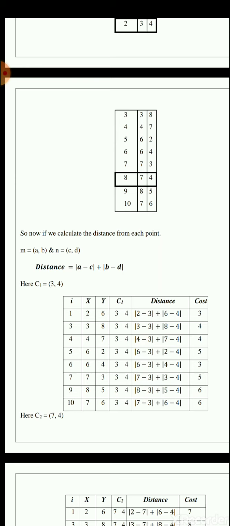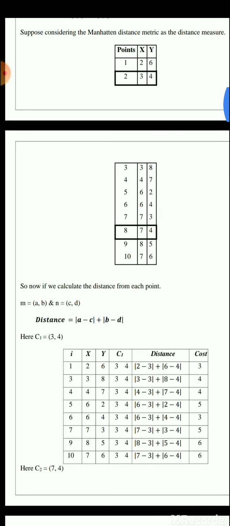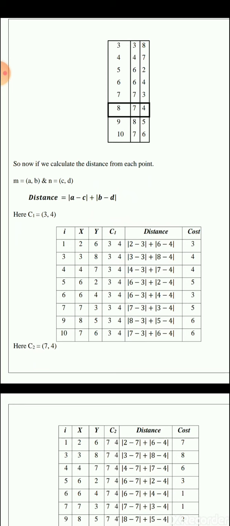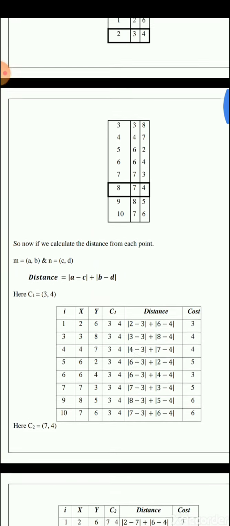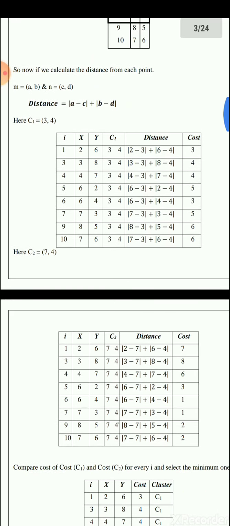As we are taking the second row and the eighth row as medoids, we need not rewrite them in the next column. So the second row and eighth row are removed from here. Then we calculate C2, 7,4. Likewise, here C2 is changed to 7,4, and we find the distance for that cluster.